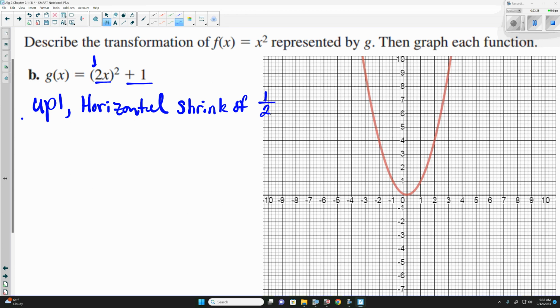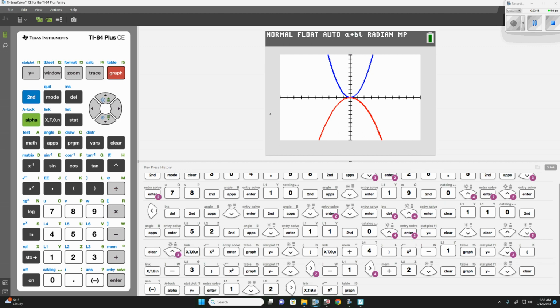Horizontal shrink of 1/2. We only have to flip horizontal stretch and shrink. Whatever number is inside the parentheses in front of that x, being multiplied by that x, we have to flip.